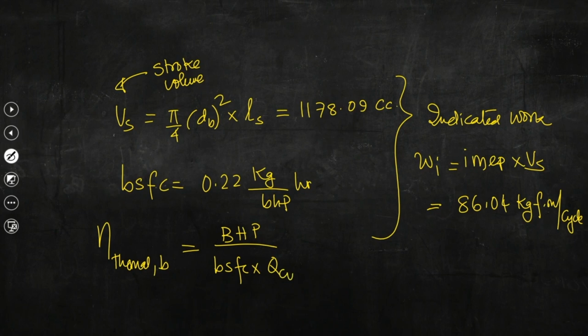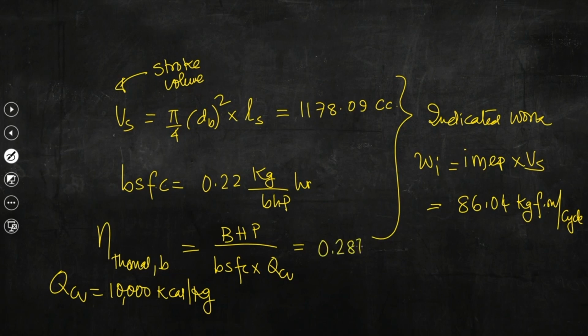In fact, we used the same expression when we solved the first problem. We know the BSFC, and we know QCV, because the calorific value of fuel is given as 10,000 kilocalorie per kg. If we calculate, we will be getting 0.287. So, this is the brake thermal efficiency.